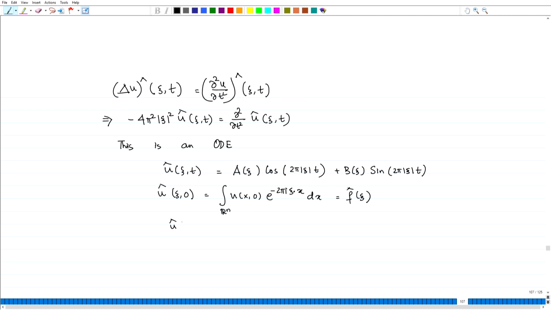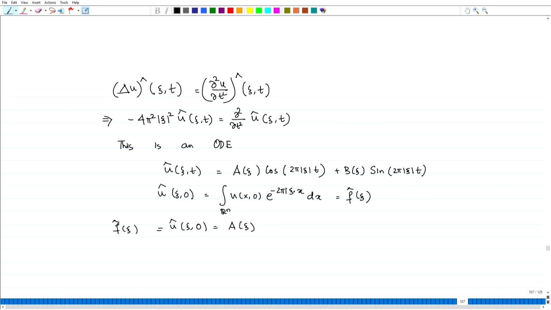So, u hat xi at 0 is equal to a of xi, since at t equal to 0, sin is 0. So, this is nothing but f hat of xi.